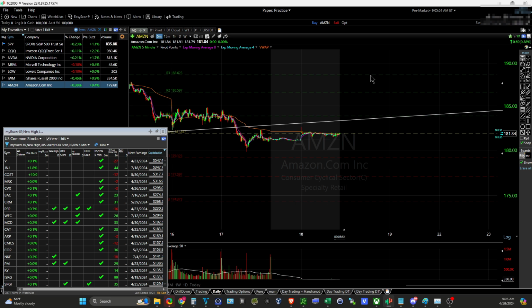There are support and resistance levels that are automatically calculated. They use some type of formula. Every platform's a bit different, and they can be two things.